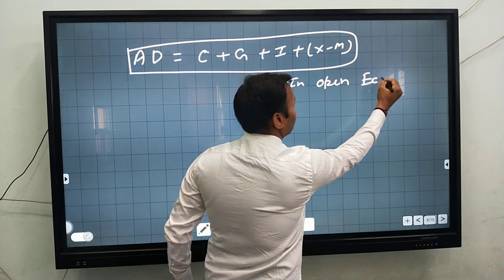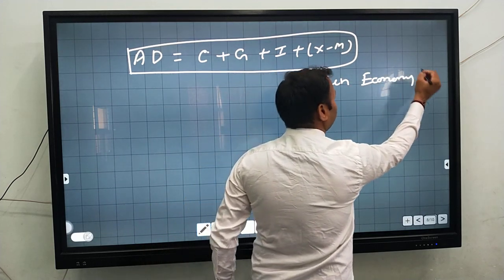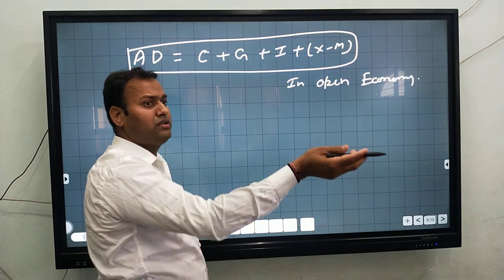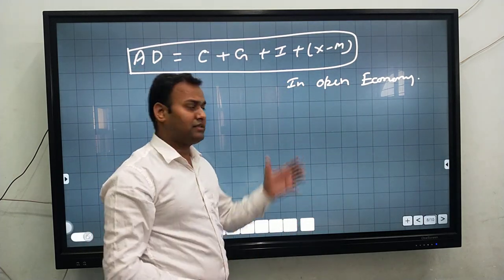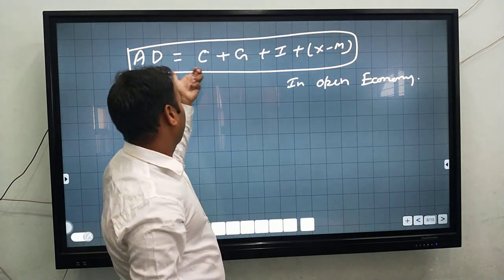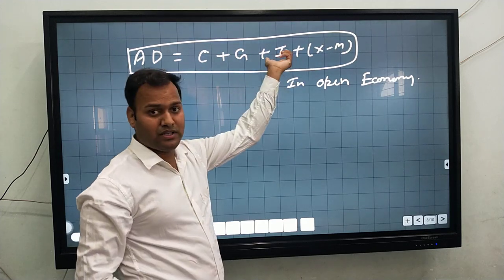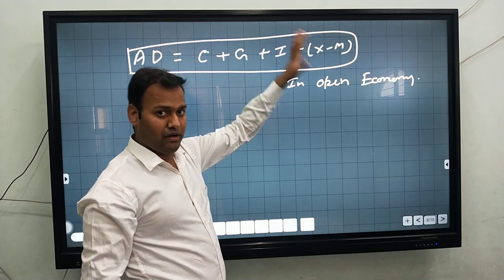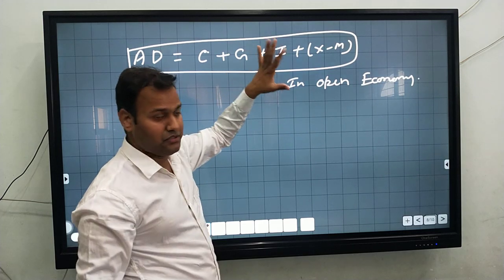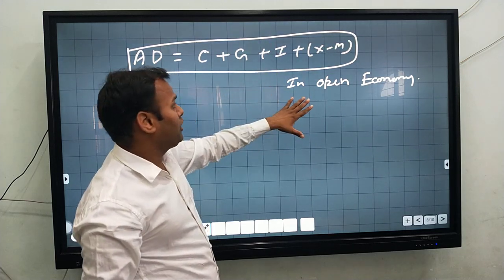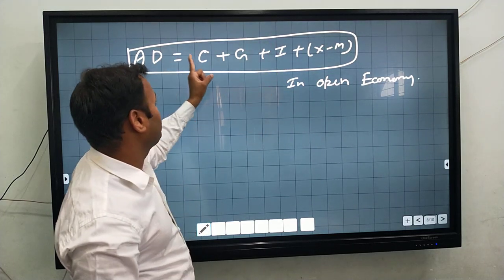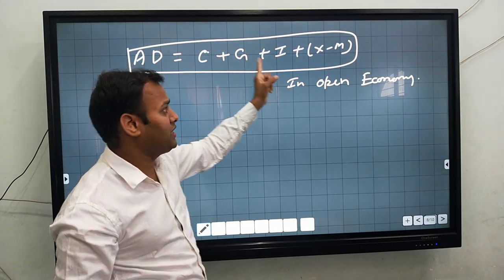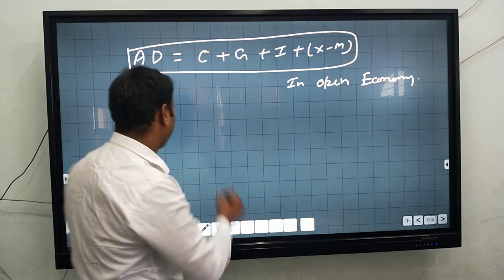Okay? It means we trade with the outside, we export things and we import things. That is considered as export minus import, as well as the investment from the private organizations and government final expenditure. If you talk about the open economy, the formula is AD is equal to C plus G plus I plus X minus M.